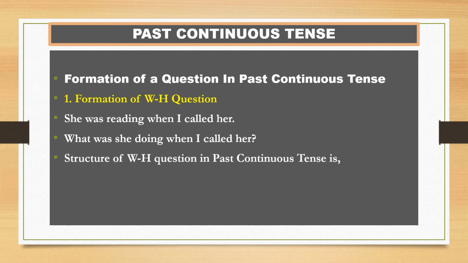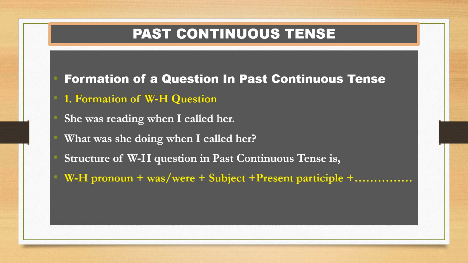The structure of WH question in past continuous tense is WH pronoun. Here, what is the WH pronoun. Then the to be's form, was or were. Then the subject of the sentence. Then the present participle, that is verb plus ing, and the remaining part of the sentence.